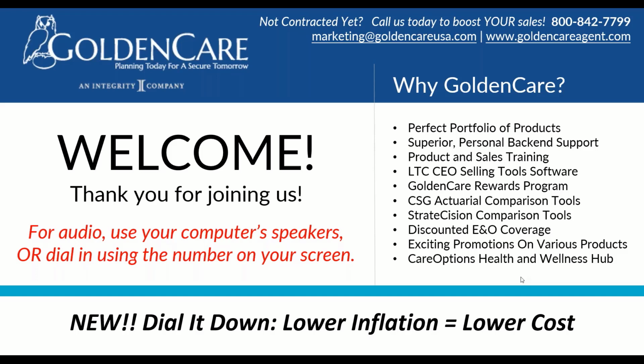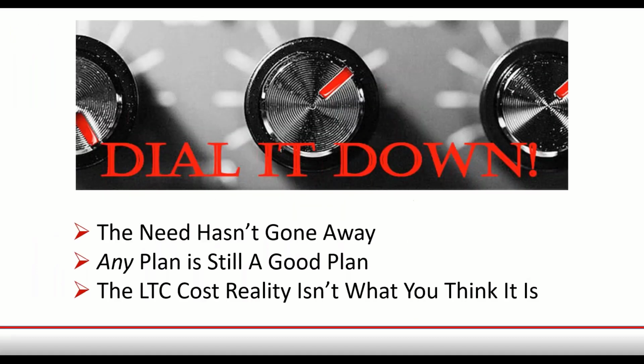Today we're going to dial it down. It's basically just showing you how to give the person the same amount of protection in most cases, but make the product a lot cheaper. When Mutual of Omaha did their repricing structure, they hit 3% compound, 3-year plan, the hardest of everything.